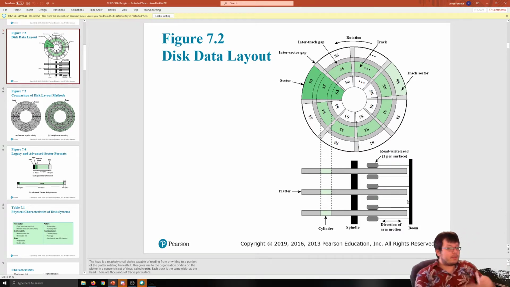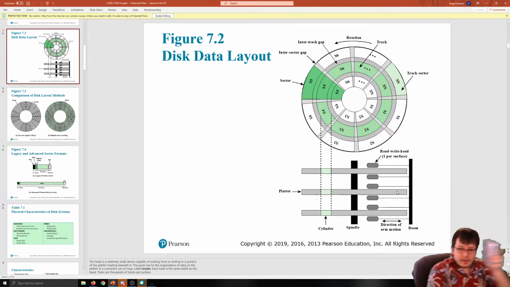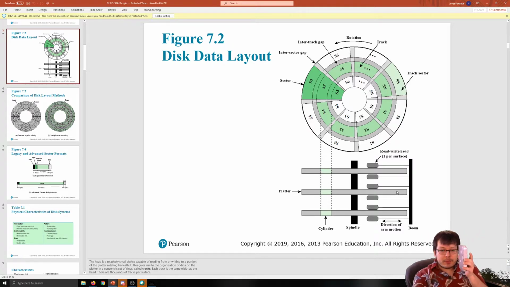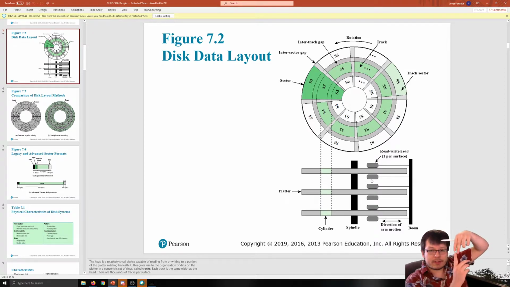What is happening here is there are multiple platters within the same casing. The disks are stacked on top of each other. It's actually one big piece, but in reality they're tiny little stacked ones. Each of the platters has its own magnetic material on top, and its own read heads per surface.